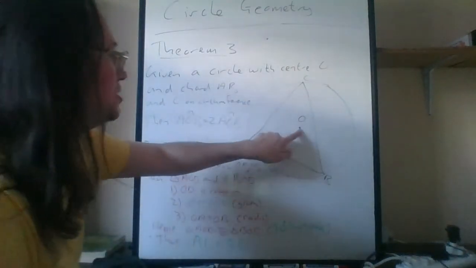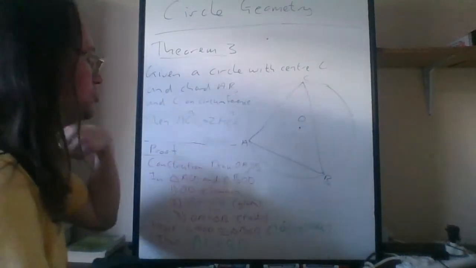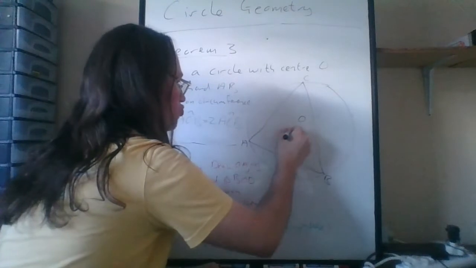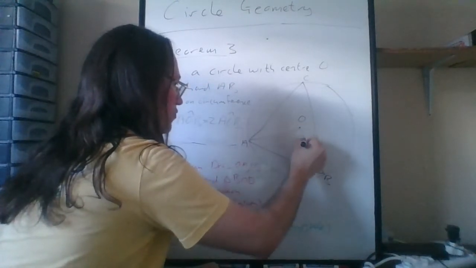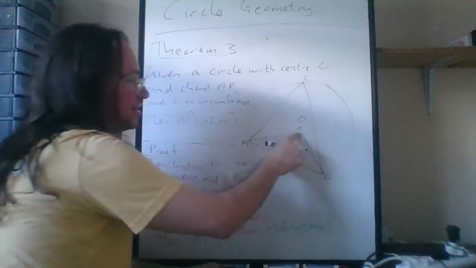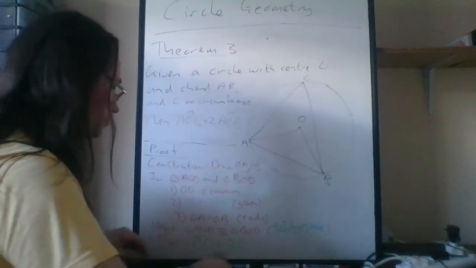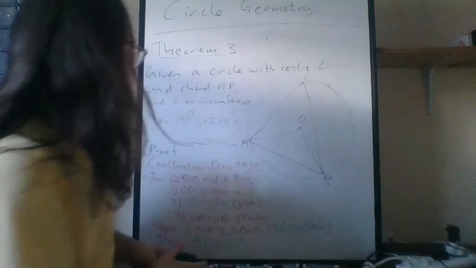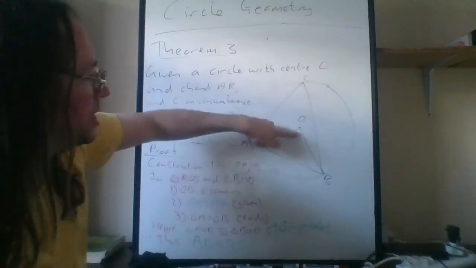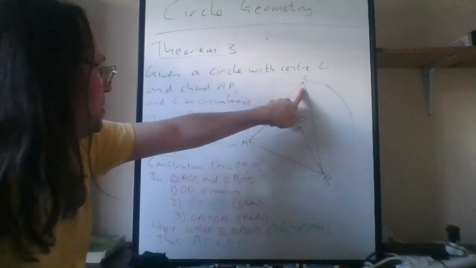So the angle at the center of the circle is twice the angle at the circumference of the circle. So if you draw this in over here, the angle at the center of the circle is twice the angle at the circumference of the circle. So what we want to show is that angle AOB is twice angle ACB.